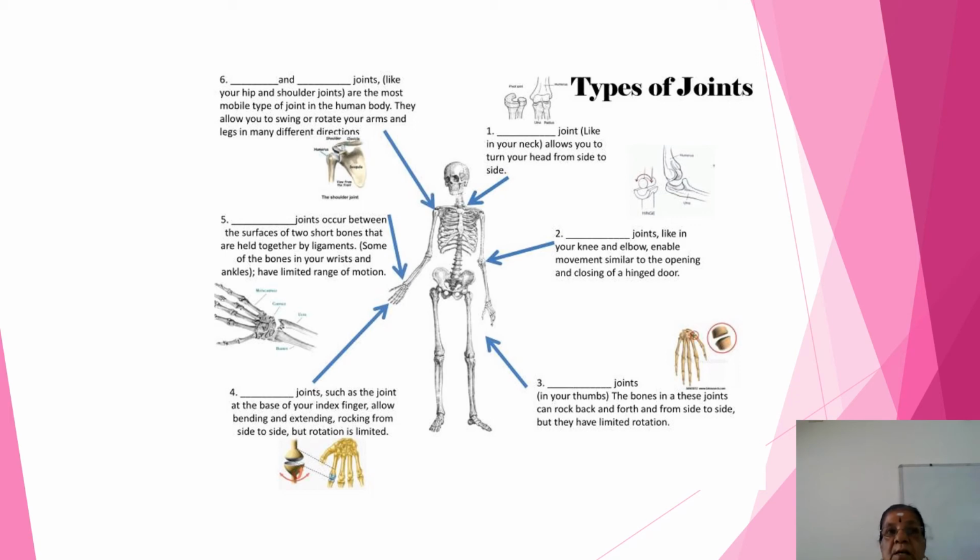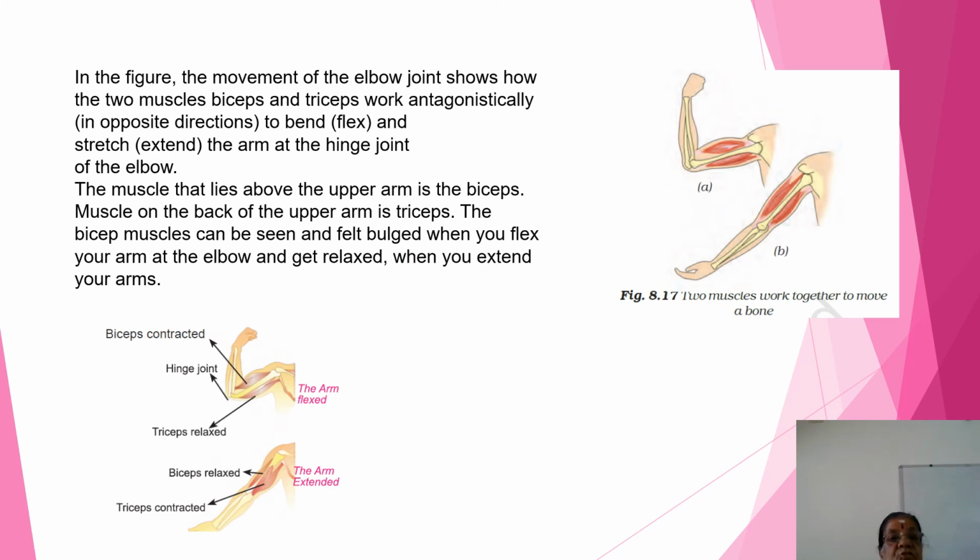So this is ball and socket joint. So try to fill up these 6 blanks. And 3, 4 வந்து நம்ம 2 types நம்ம படிக்கணும். Bookல கிடையாது. But it is condyloid and saddle joint. I hope you follow.